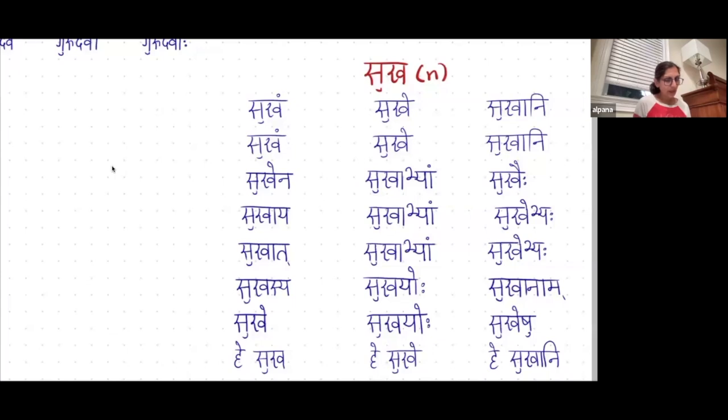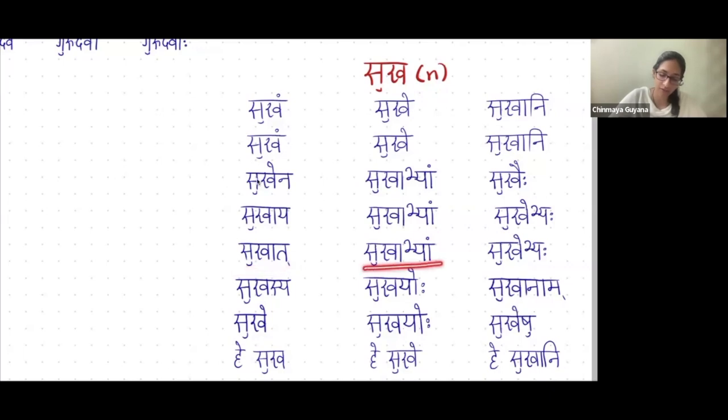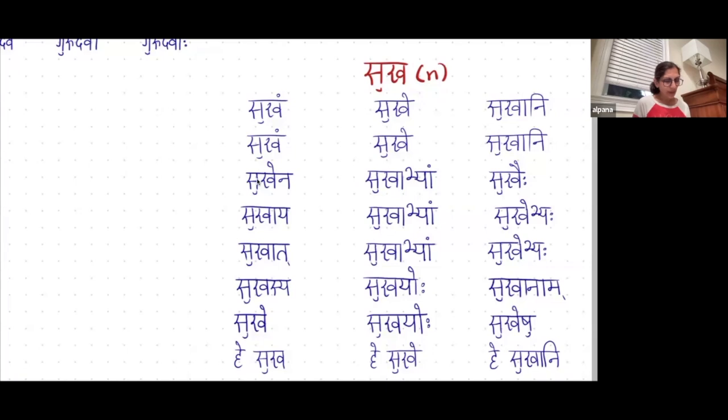Sukhaya, Sukhabhyam, Sukhebhyah. Sukhat, Sukhabhyam, Sukhebhyah. Sukhasya, Sukhayoho, Sukhanam.